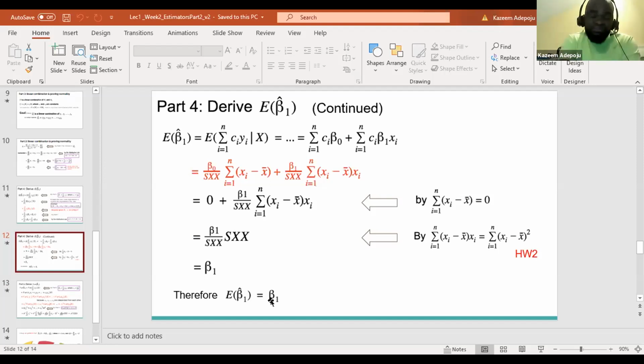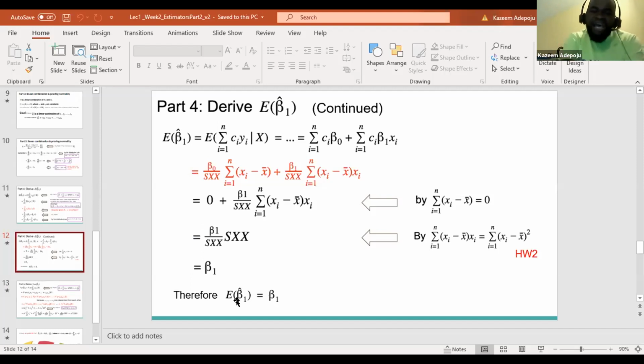Let me tell you something. Before we go into research, what do we need? We need beta 1. We don't need beta 1 cap. What we need is beta 1, because beta 1 is the population parameter. But we can never get what we need because we are not going to examine everybody in the population. We're going to take a sample.